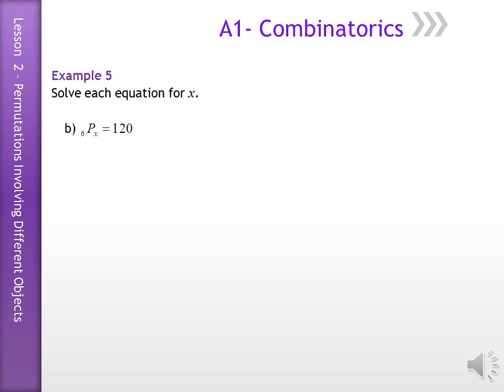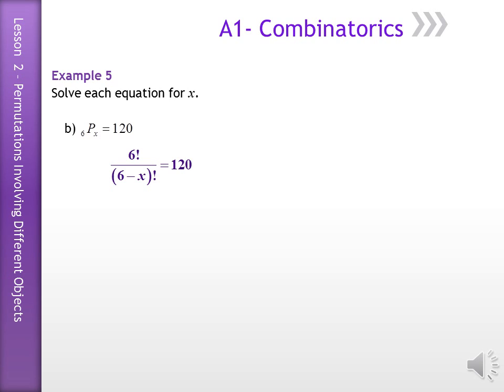(5b). Again, we are solving for x, and we have 6Px equals 120. We fill in the formula as we did before. We would have 6 factorial on the top, 6 minus x factorial on the bottom, and it equals 120. In this case, the variable that we are trying to solve is in the bottom of the fraction.